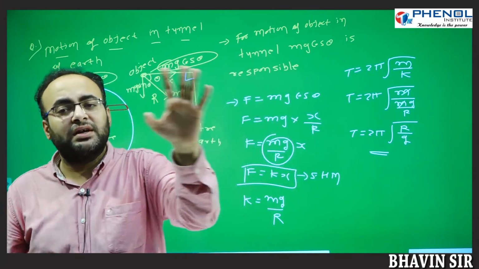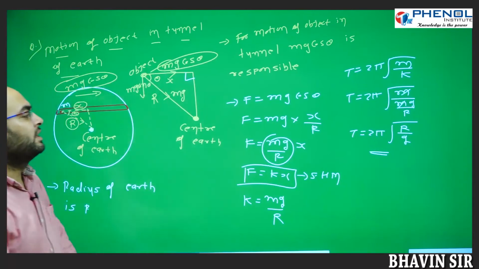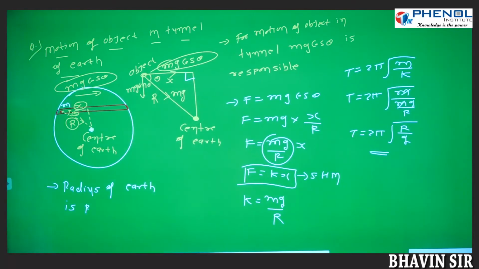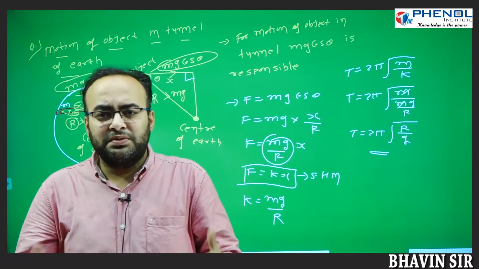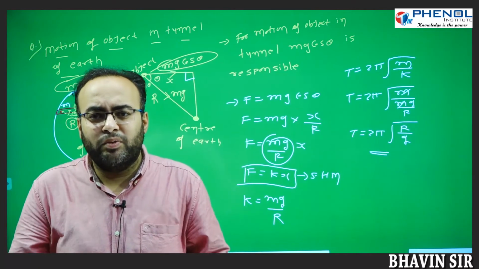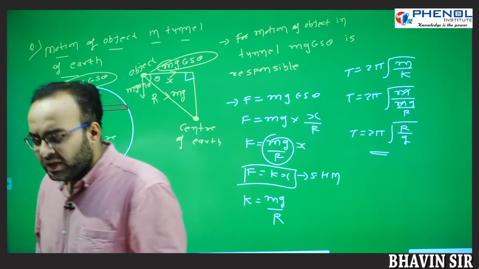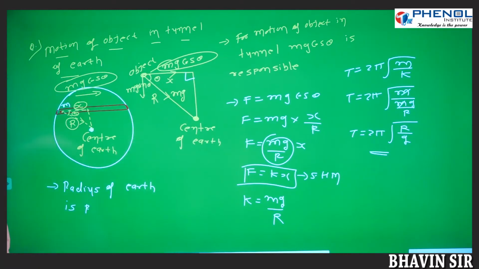If there is a tunnel in the earth, what is its time period? 2 pi under root r by g. So these are the 4 important cases of different types of simple harmonic motion. We discussed 4 types of SHM.